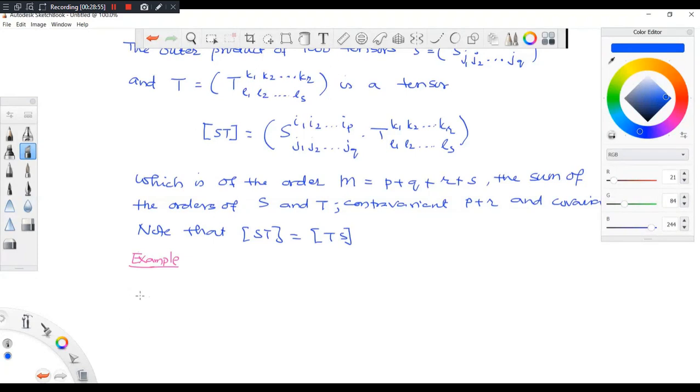Now you can see from this example what the outer product actually means.